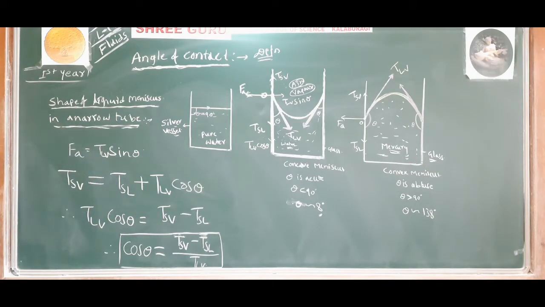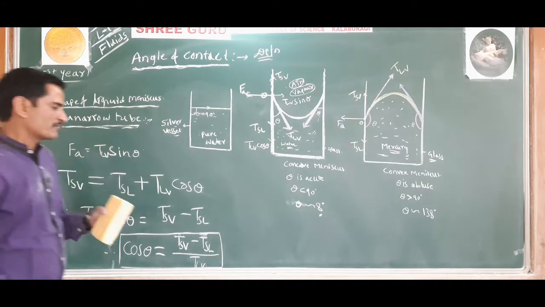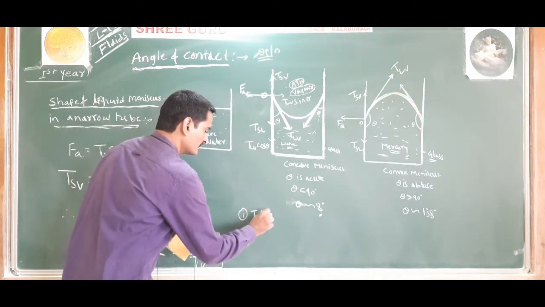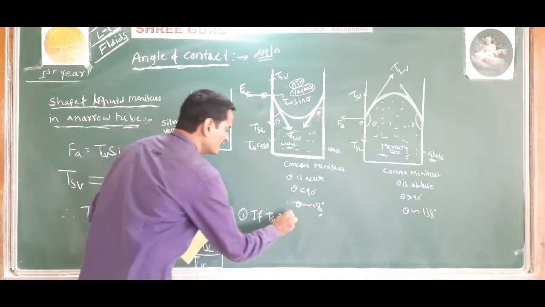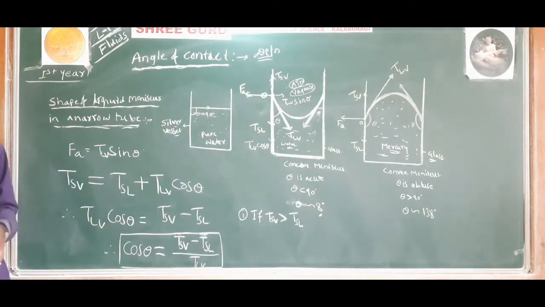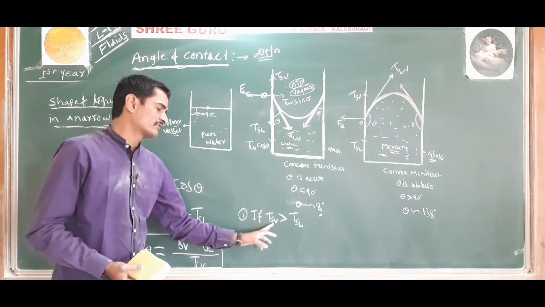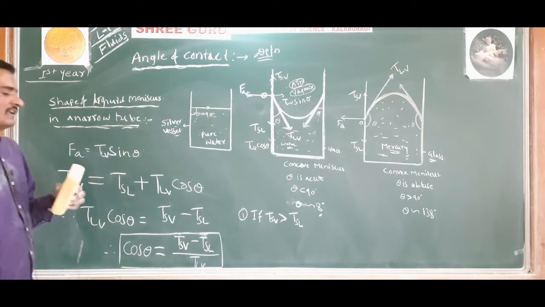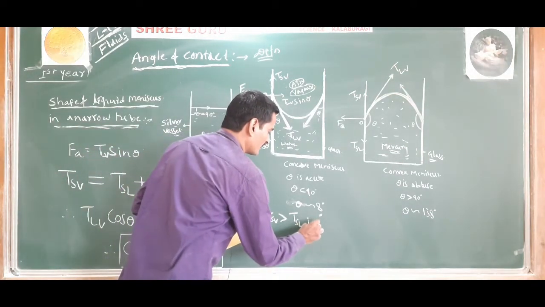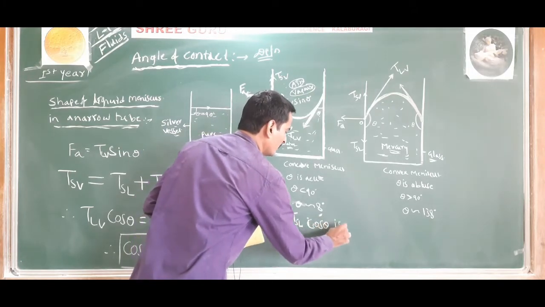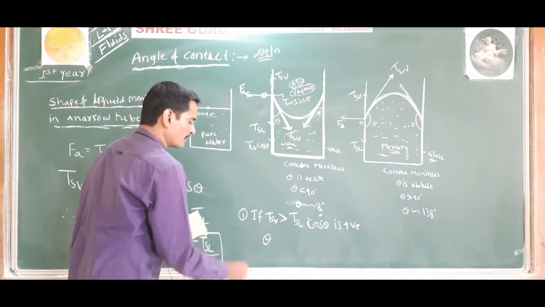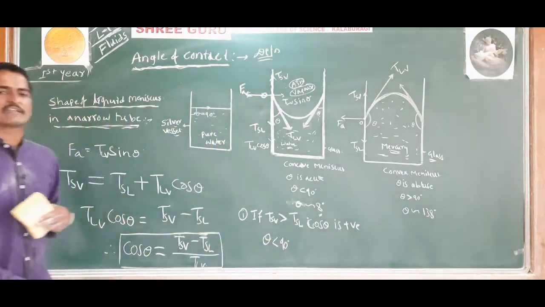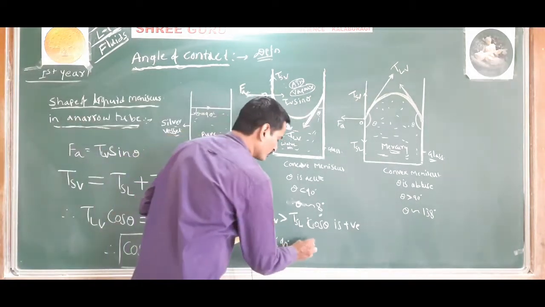So the shape of the meniscus depends upon the angle of contact. First point, if TSV is greater than TSL, that is the force of surface tension between solid and vapor is greater than the force of surface tension between solid and liquid, then cos theta is positive, then theta will be less than 90 degrees, that is an acute angle.